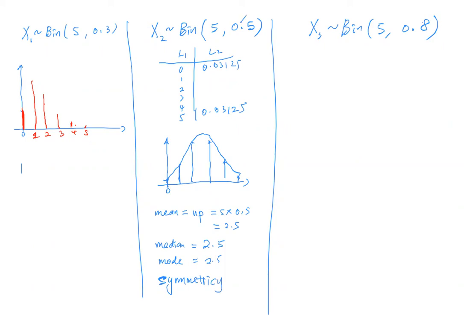When p is less than 0.3, the shape will skew right, that is positively skewed.